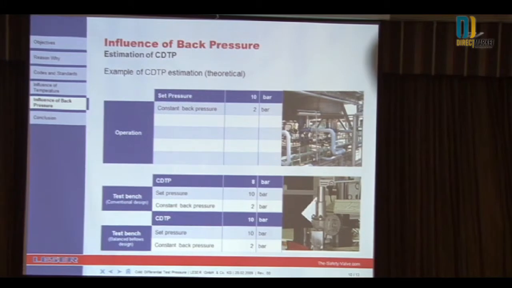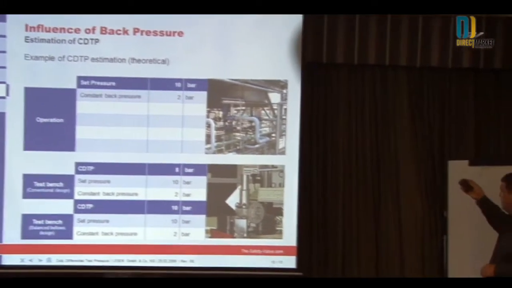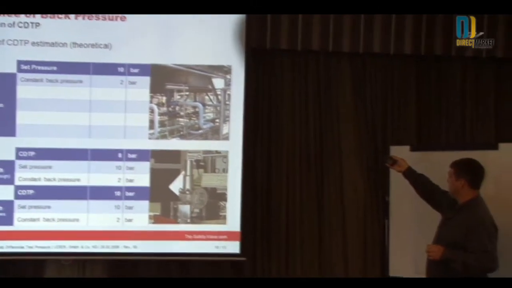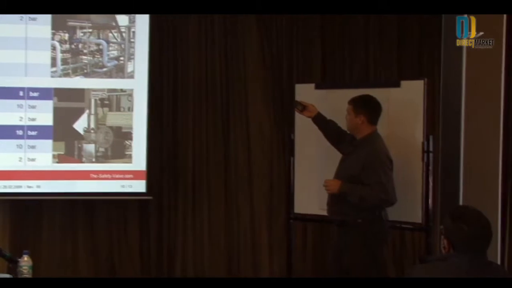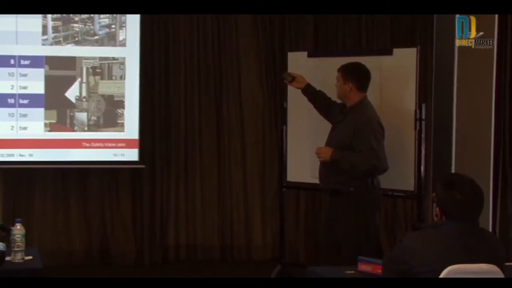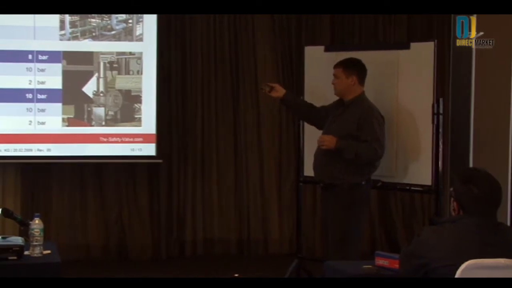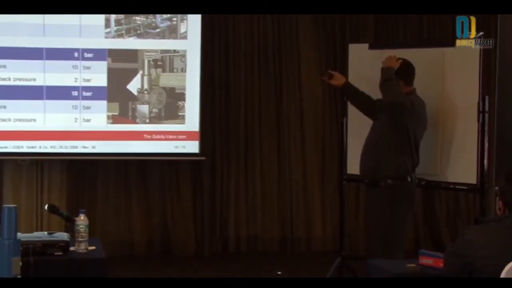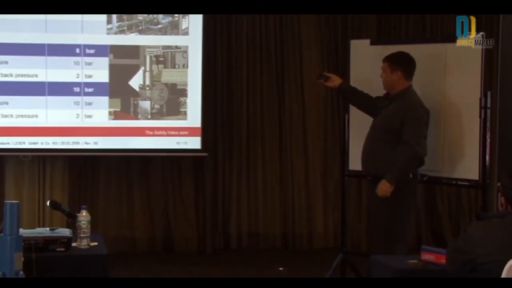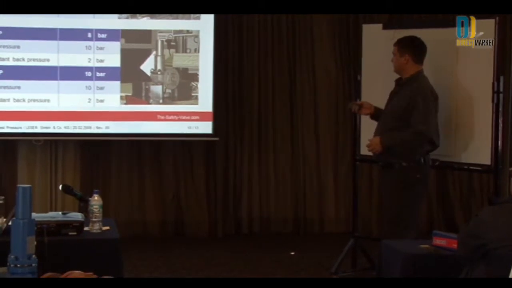So in this case, for the operation that the valve is going into in the plant, you're going to set it at 10 bar, with a constant back pressure of 2 bar. So if you put a conventional valve without a bellows on a test bench, you're going to actually set that valve at 8 bar to compensate for the back pressure.